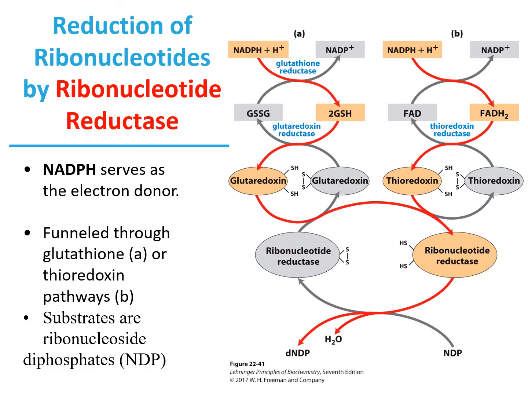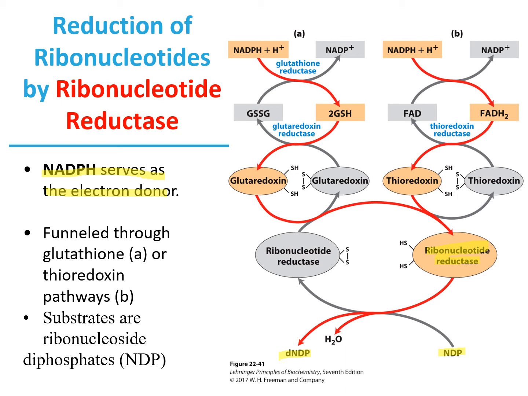So as we saw in the previous slide, reduction of the ribonucleotides into the deoxy form is done by the ribonucleotide reductase enzyme, and the NADPH serves as an electron donor. So the NADPH will convert the glutathione into the reduced form, and that reduced form is used for the glutaredoxin, and that glutaredoxin eventually converts the ribonucleotide reductase into the active form.